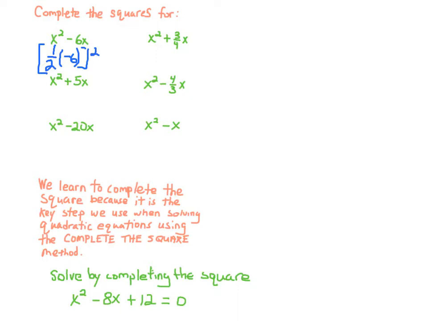So half of -6 is -3, and -3 squared is 9, so it completes the square. It's always going to be a positive number that completes the square, so I'll complete the square with plus 9.